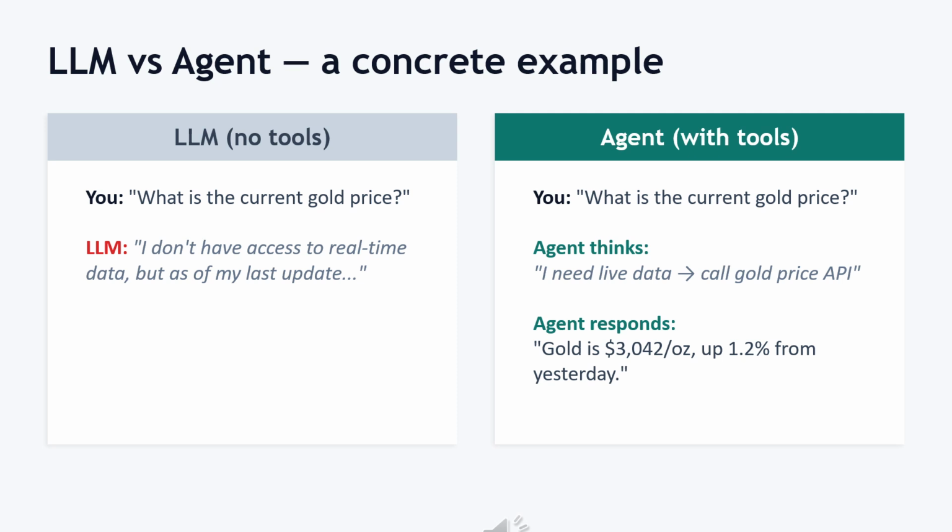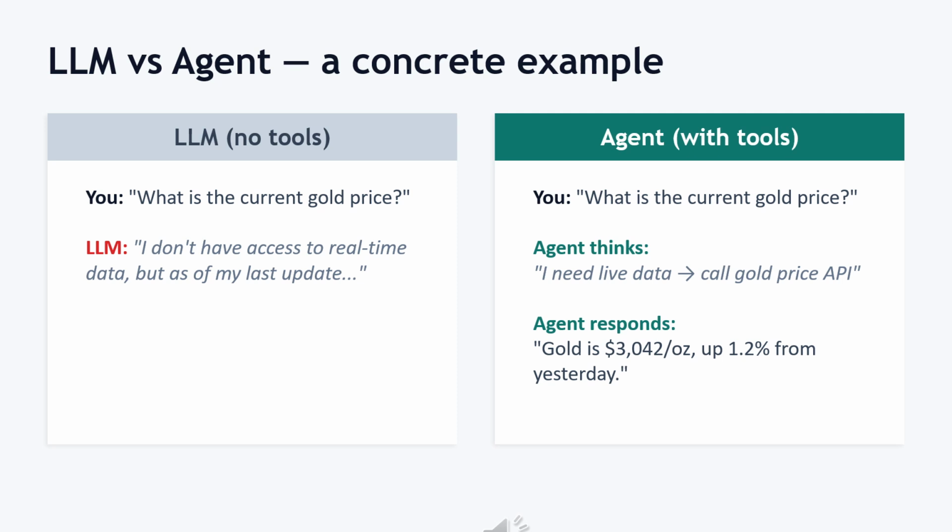Let me show you a concrete example. You ask, what is the current gold price? A raw LLM without tools will say, I don't have real-time data. But an agent with tools? Totally different story. It recognizes it needs live data, calls a gold price API, gets the current price, and responds, gold is currently $3,042 per ounce, up 1.2% from yesterday's close.